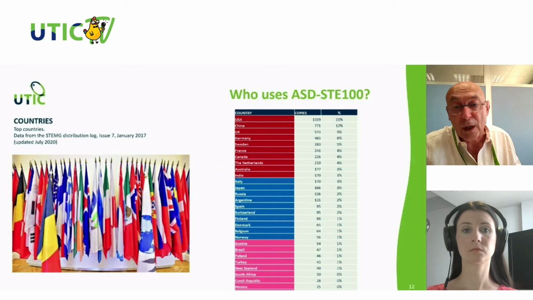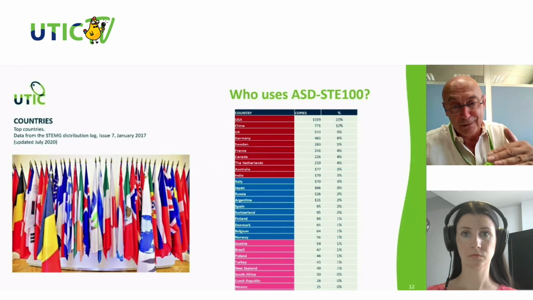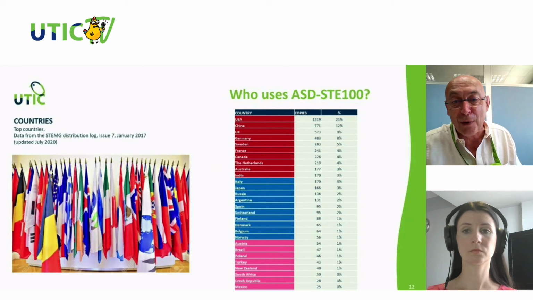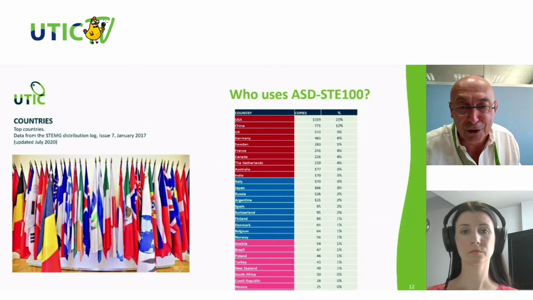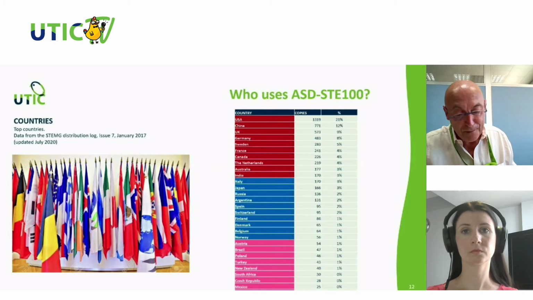And you can also see at the end that Ukraine is positioned in the last position, number 30, which is not bad in any case, because this is just a portion of 113 countries.